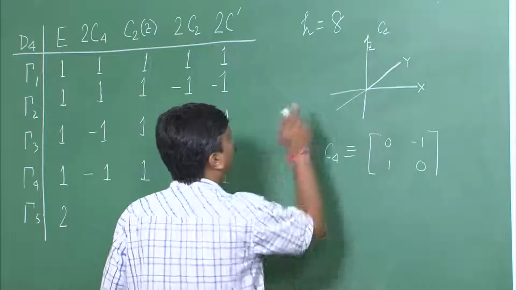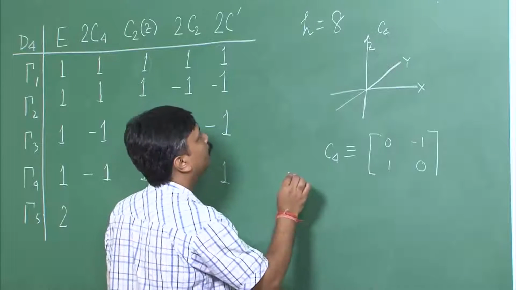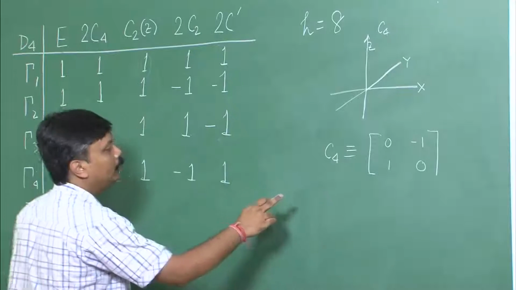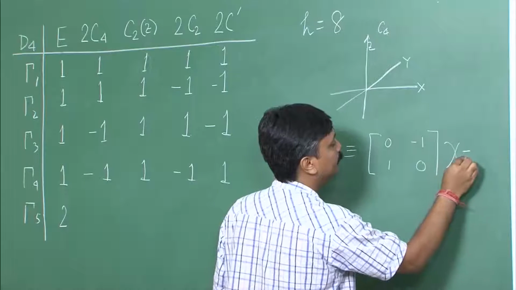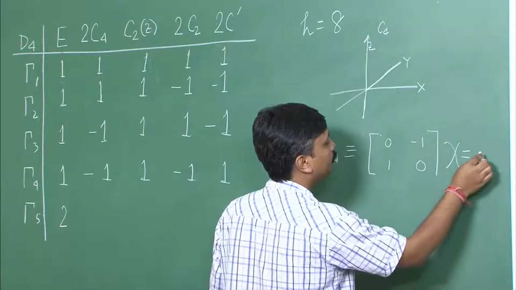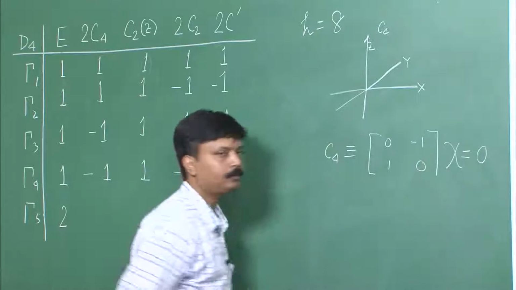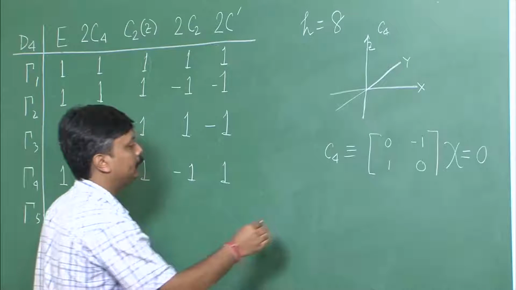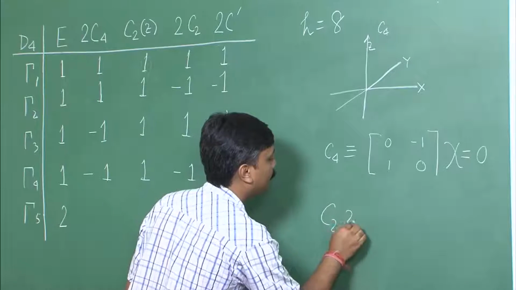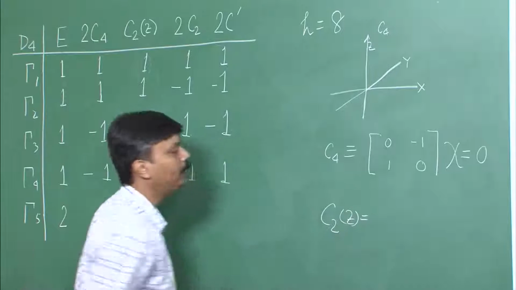And then we can have the matrix. This will give you the character of the representation, which is 0. Now, if we look at the representation for C2z, what are we going to get?